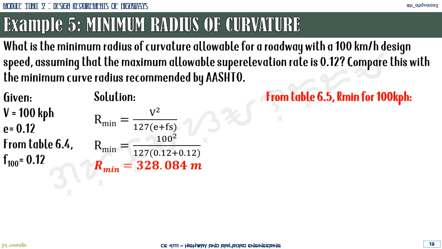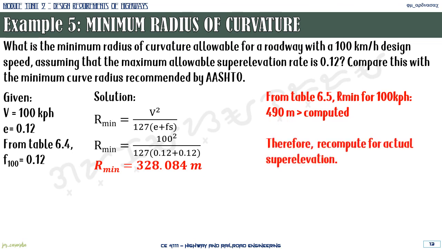From table 6.5, the minimum radius for a design speed of 100 kph is 490 meters, which is greater than our computed value. So what does it mean? Our computed value is smaller compared to the recommended value of AASHTO for 100 kph. Therefore, we have to recompute for the actual superelevation that we have to use in our design.